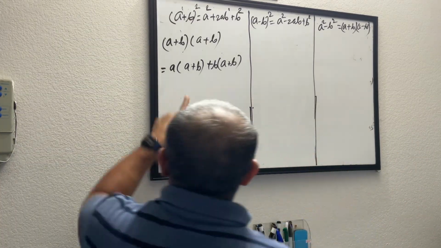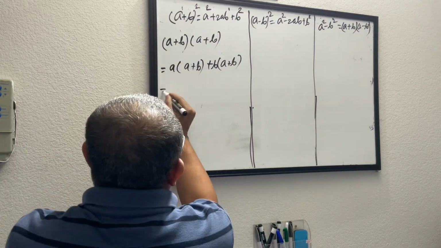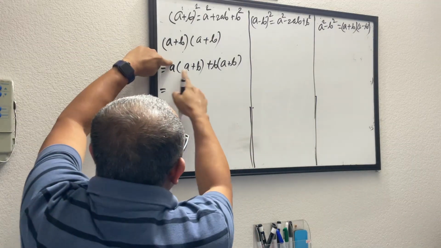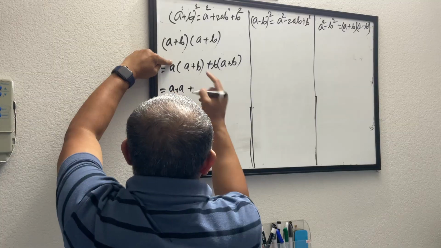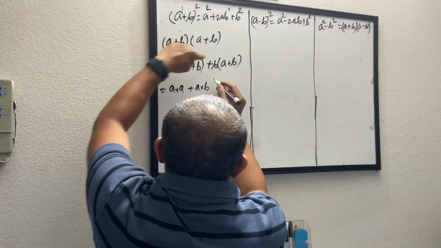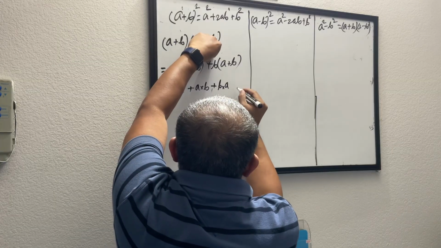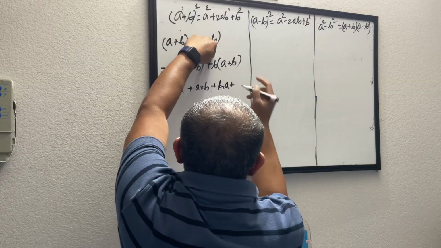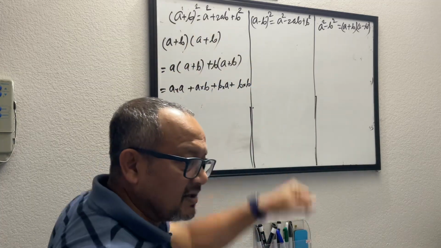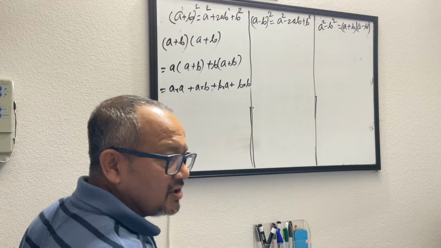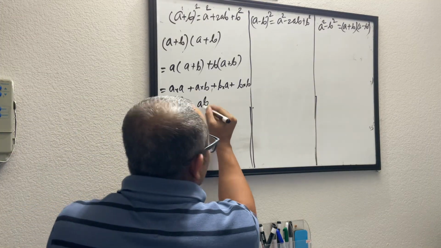So a times this whole thing and plus b times the whole thing. Now let's keep breaking the bracket open. a times a, and then it will become a times a plus a times b. Similarly here, when you break this bracket open, it becomes b times a plus, plus into plus is plus, b times b. a times a is a square. a into b, I can call it ab.